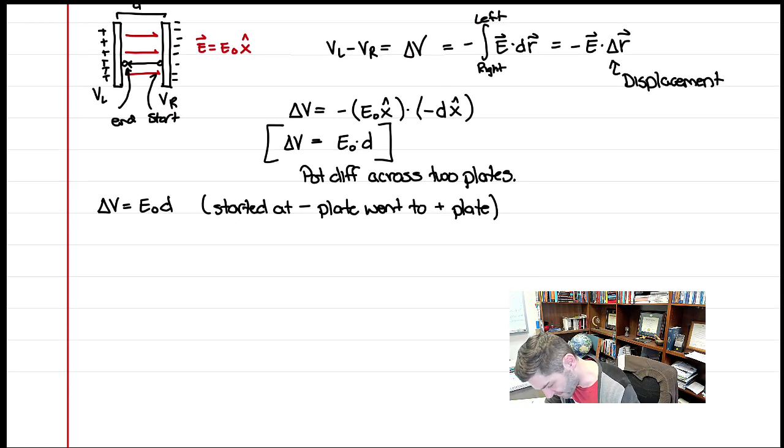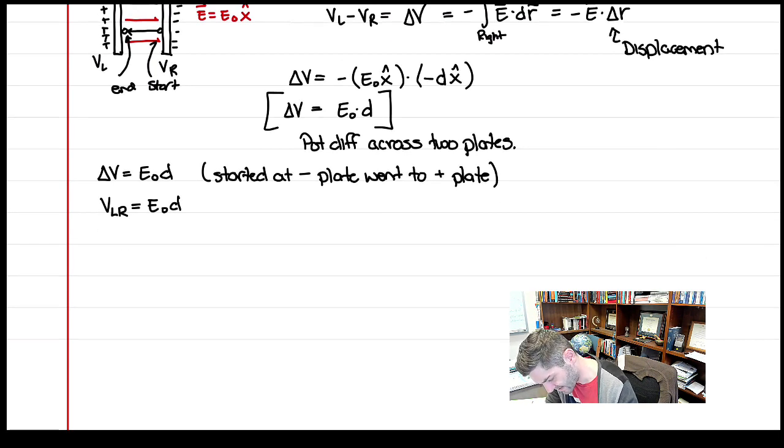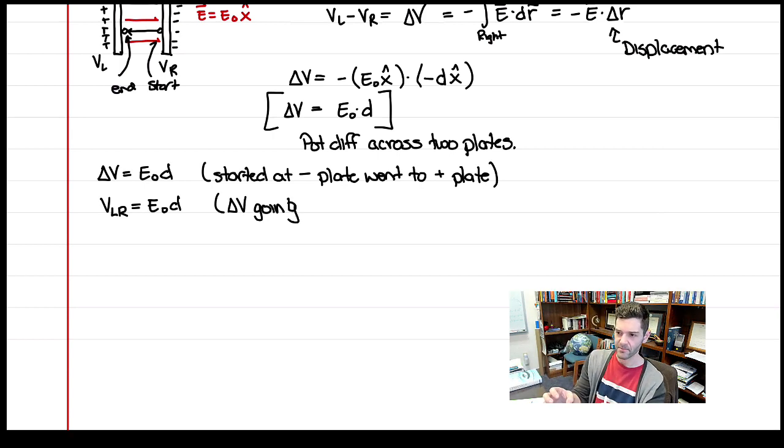You will see this sometimes written as VLR equals E naught d, which still matches our notation if you think of this as delta V going, because when we had subscripts, when we thought of Coulomb's law and forces and electric fields, we always said 'to blah from blah', if you go back to those lectures and look.